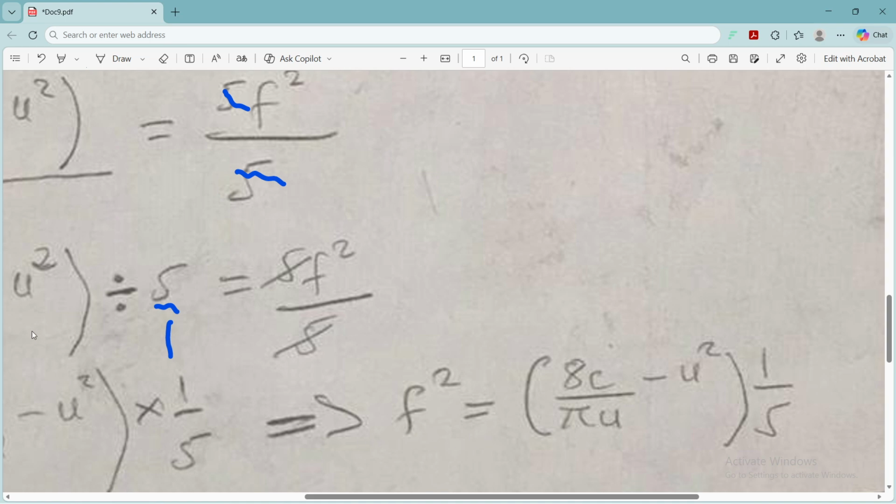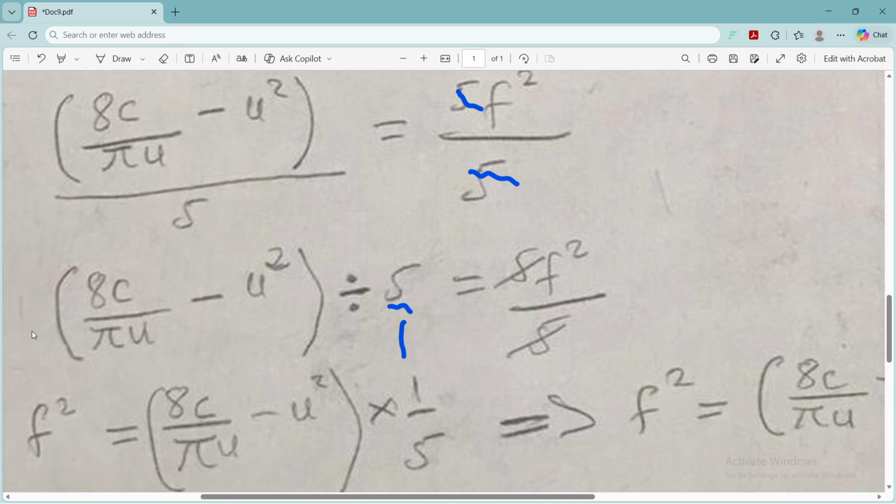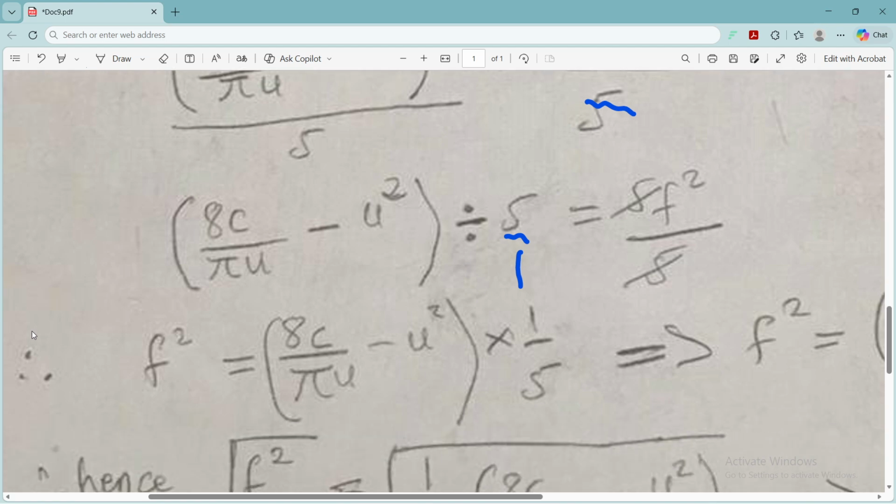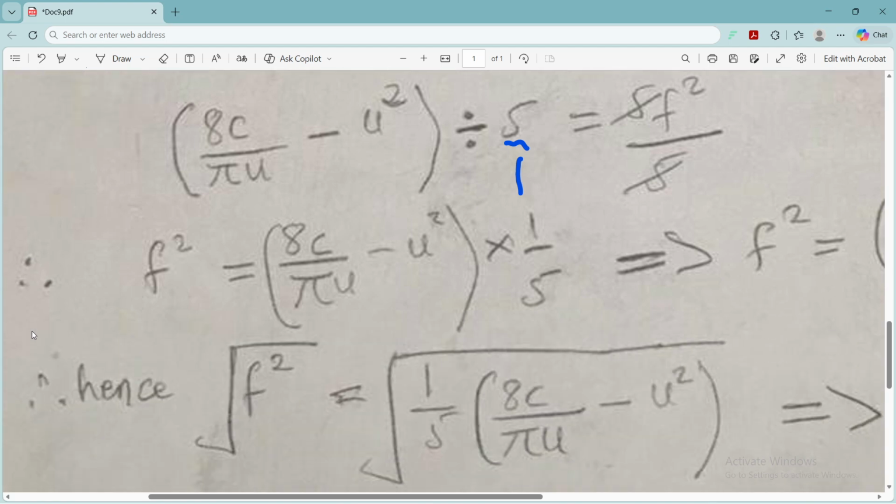So we are going to have our new equation to be, hence, the square root of f square equals the square root of the fraction 1 over 5 multiplying the fraction 8c divided by pi u minus u square, right?